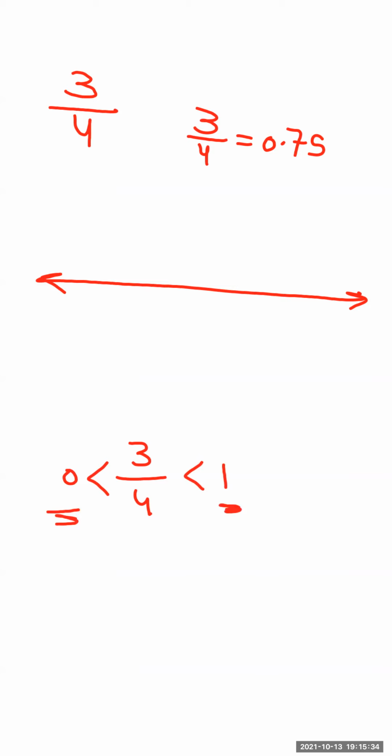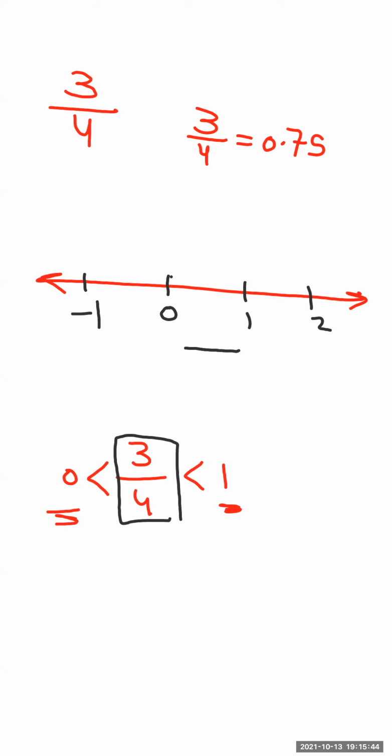So it lies between 0 and 1. On the number line, if this one is 0 and this one is 1, this one is 2, and this one is -1, this means 3/4 will be here between 0 and 1. But where exactly? How to represent it? This is the main point.